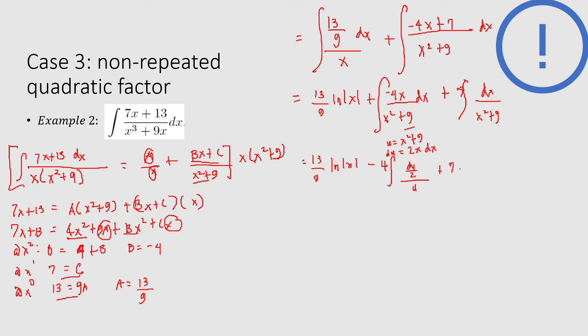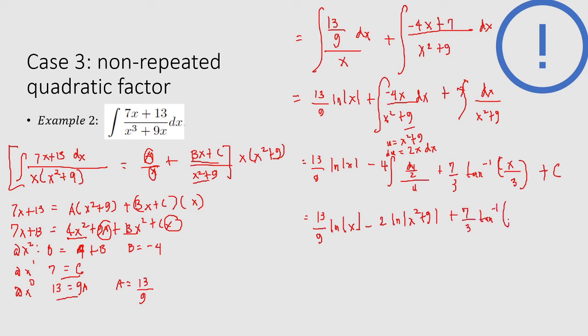So 7 times 1 over a, so 7 times 1 over a natin is 3. Then arctan u is x over 3 plus c. So simplifying our answers, we have 13 over 9 ln of x minus 4 over 2 or 2 ln of u. u is x squared plus 9, plus 7 over 3 arctan x over 3 plus c. So this is your final answer.